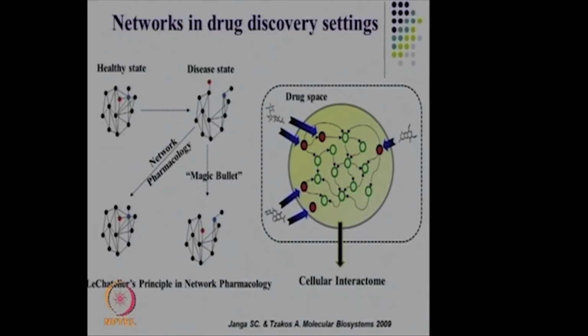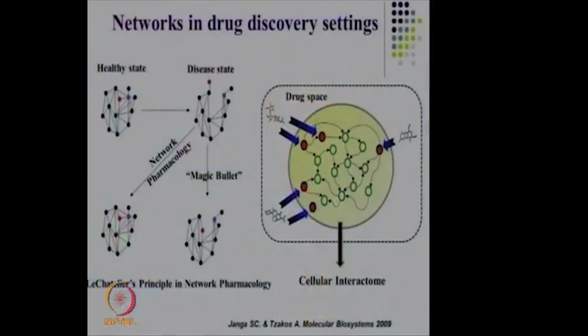To understand this particular idea, let us look at a network representation of how the different entities in the cell are interacting. In the figure to the right, you can see that a number of drugs, each of them can be perturbing different nodes. All of these nodes are interconnected to each other because we are looking into the cellular context, and there are protein-protein interactions, metabolic interactions, and also regulatory interactions.